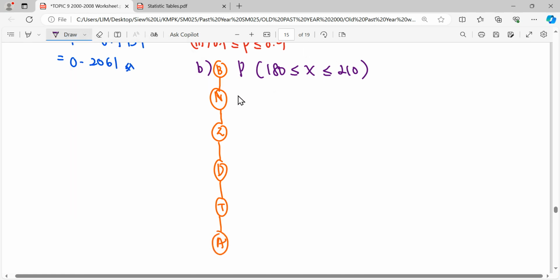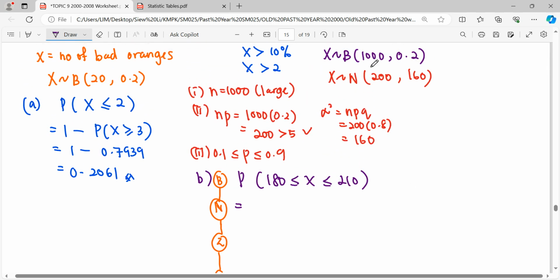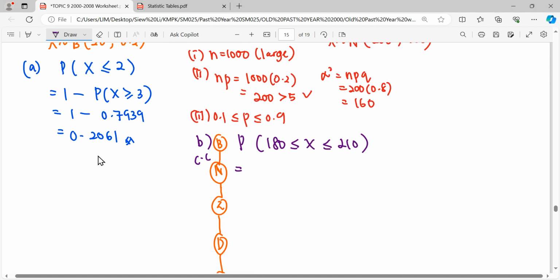To change X from binomial to normal distribution, we need to do continuity correction, CC, whether we have to plus 0.5 or minus 0.5. As you can see, 180 until 210 is included. This is the region that we want.